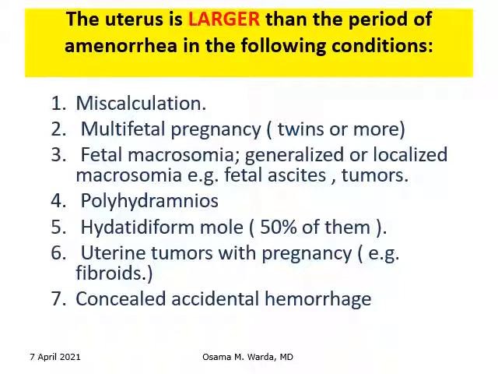Hydatidiform mole: about 50% of cases present with a uterus larger than the period of amenorrhea. Uterine tumors with pregnancy, the commonest of which is the fibroid. Concealed accidental hemorrhage is another cause for a uterus larger than the period of amenorrhea because of the amount of blood, the port-like uterus.